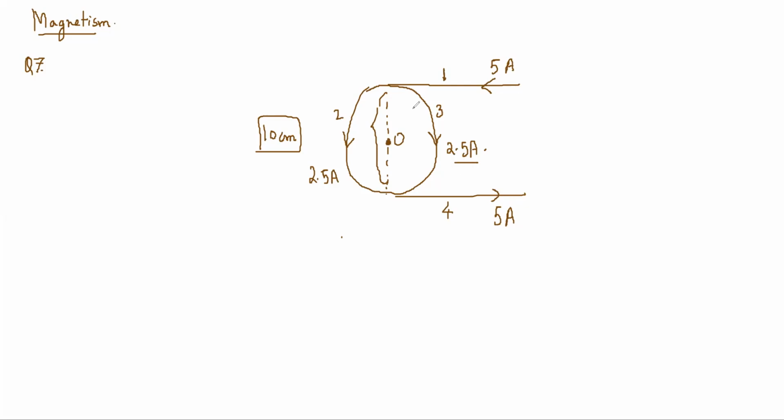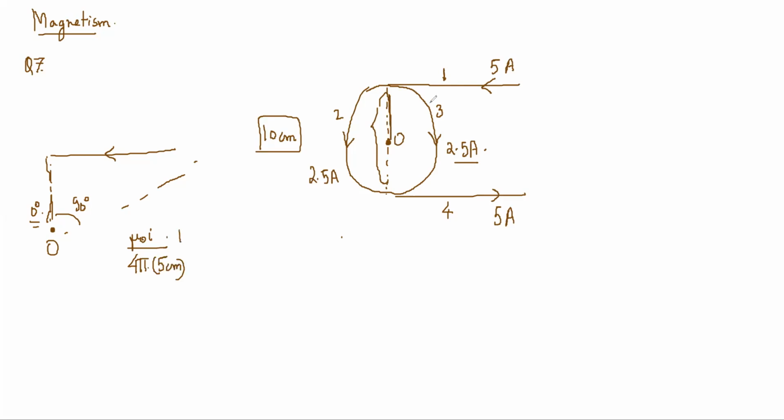When there is a straight wire like this, we have done the case: sin alpha plus sin beta, and one of the angles is 0 here, the other is 90. So it is going to be mu naught I by 4 pi, this distance is 5 centimeter.